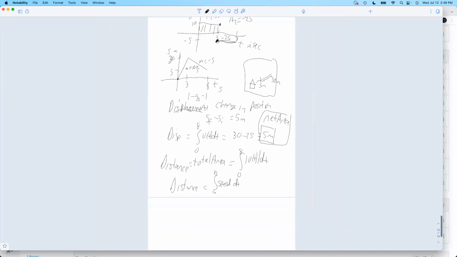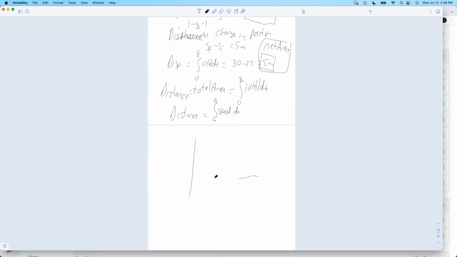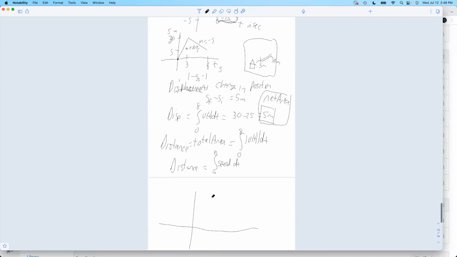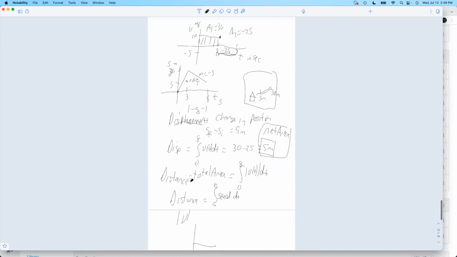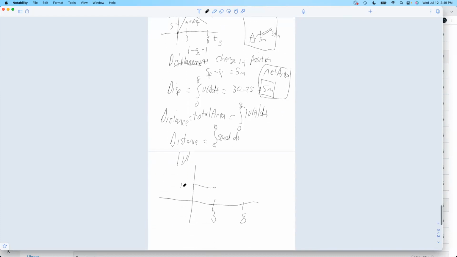So what we would do here, we could just figure it out, right? You walk 30 plus 25, it's 55. But if we wanted to see this in picture form, here's absolute value of velocity. If I were to graph that, this was at 10.